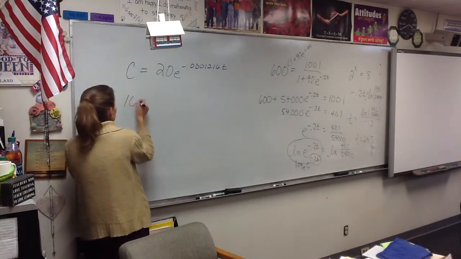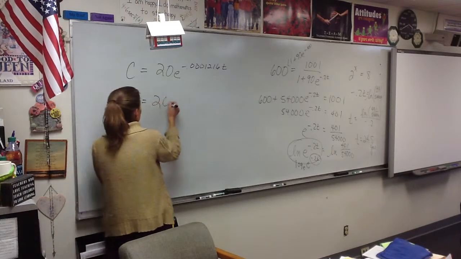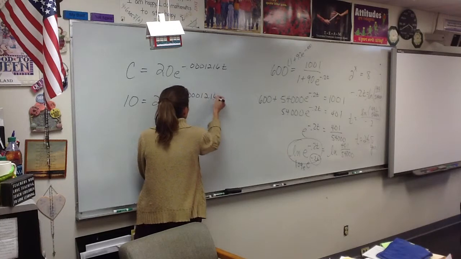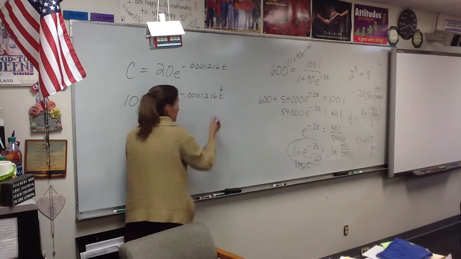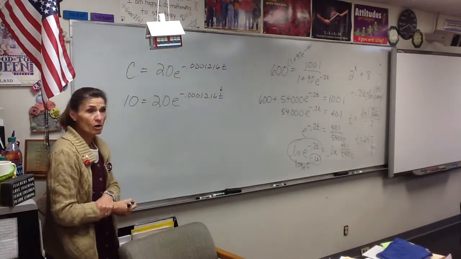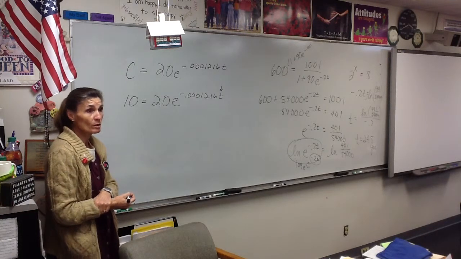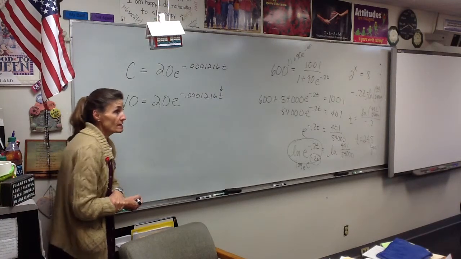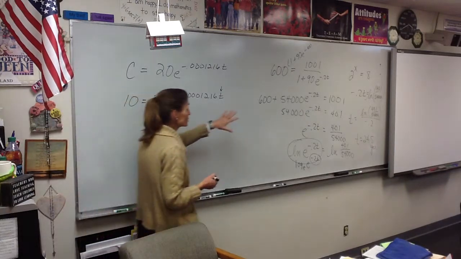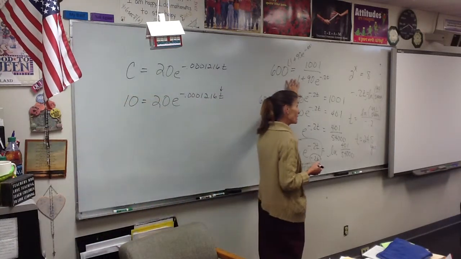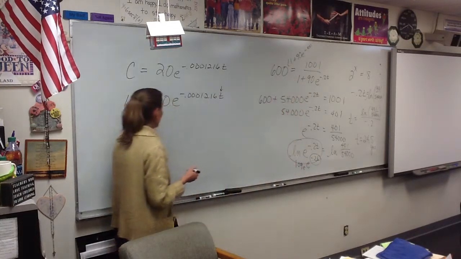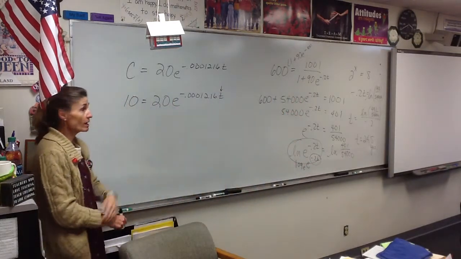So I want to have 10 grams of carbon, and I need to know how long that's going to take. Would you agree that that's really what the question is asking me? How long do I have to wait to get 10 grams? Just like the last question said, how long do I have to wait to get 600 deer? This one says, how long do I have to wait to get 10 grams? Step 1.